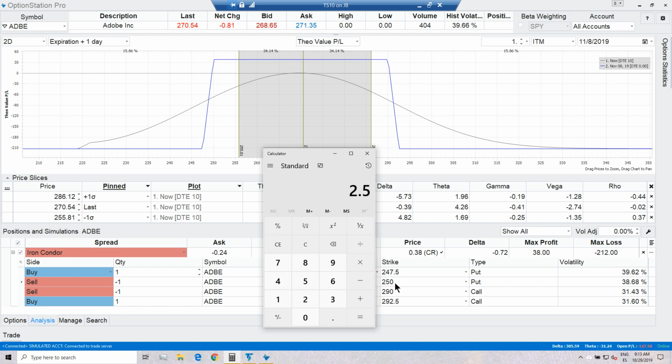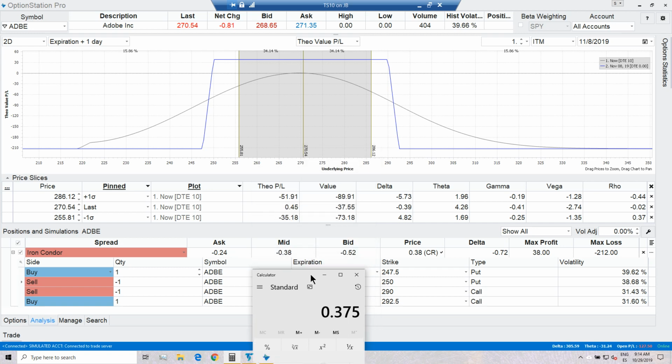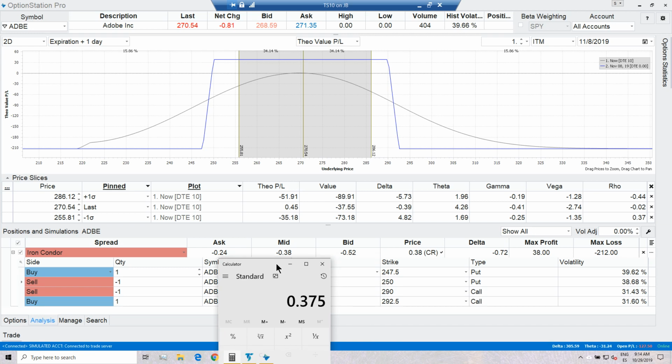It's $2.5, either above or below. So that's the difference between strikes. And we want to collect a level of premium which is at least 15% of that, and that would be 37.5 cents. That's the minimum we want to collect. Well, the market hasn't opened yet, but it seems that if the market was to open now, the midpoint of that iron condor is 38 cents, which is exactly what we need.